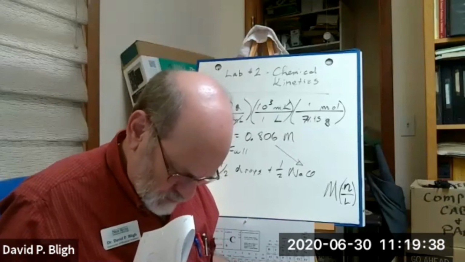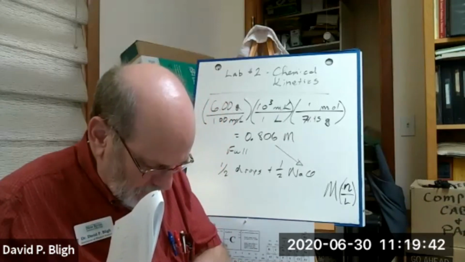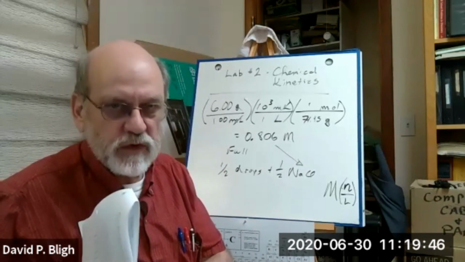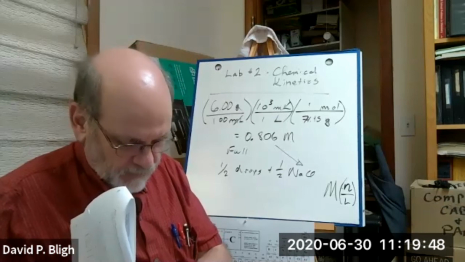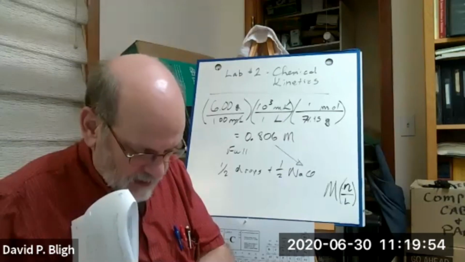Ah, here it is. 0.878 molar sodium hypochlorite. Yeah, it was in the sheet under materials.